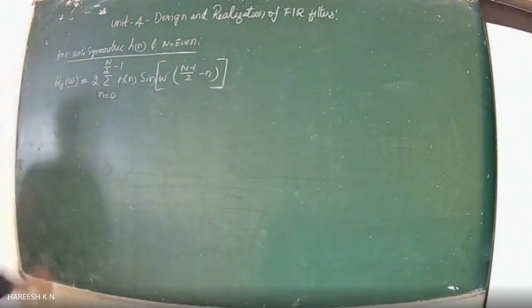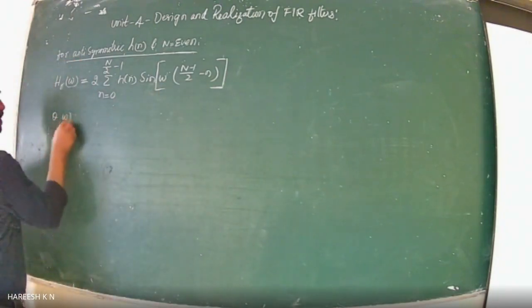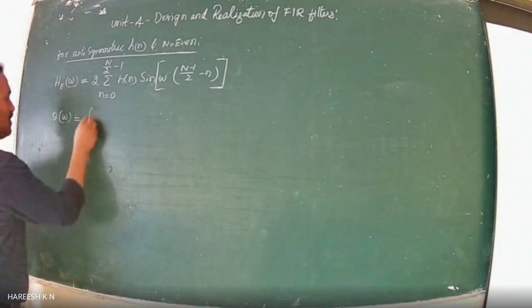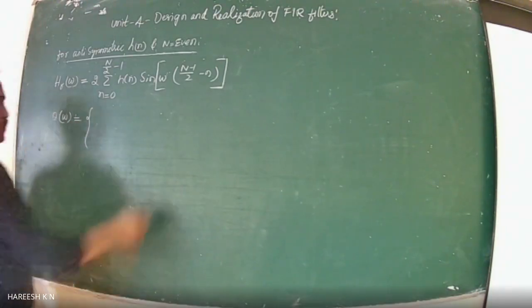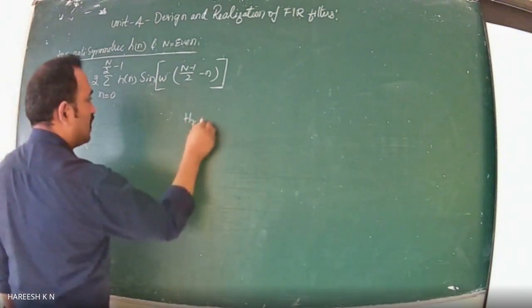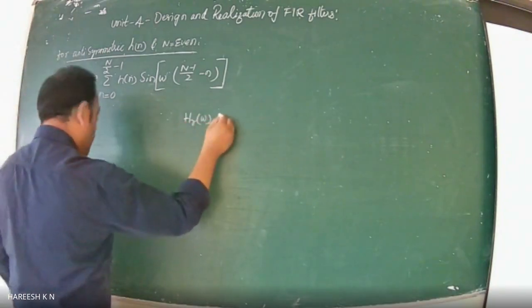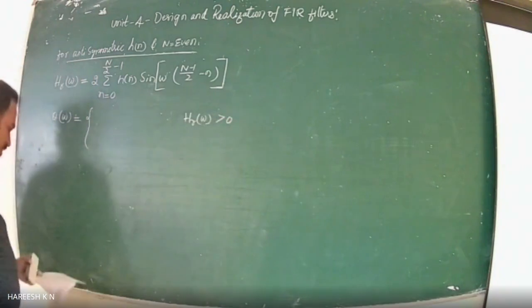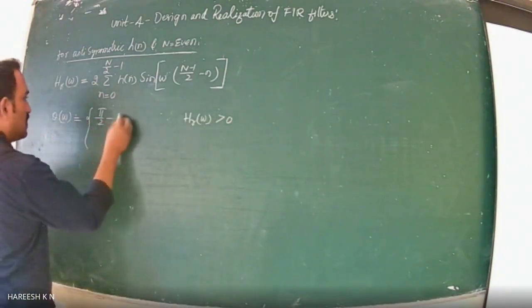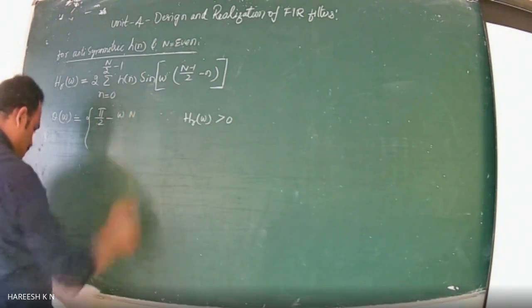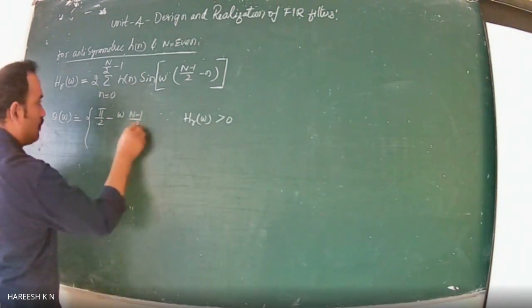And with respect to theta, theta of omega is equal to, once again depending upon the magnitude response HR of omega, if it is greater than 0, its value will be pi by 2 minus omega into (N minus 1) divided by 2.